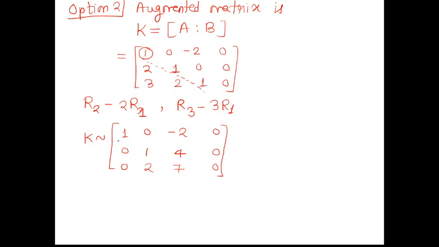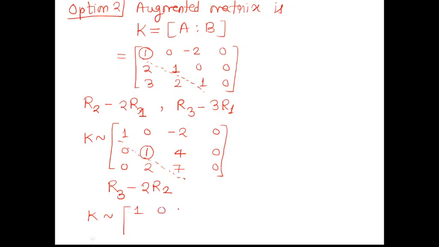Then again identify diagonal elements. One more element below the diagonal is non-zero, so this needs to be converted to 0. For this, we will take the help of the diagonal element lying exactly above it, that is this one. So what should be the operation? It's R3 minus 2R2.